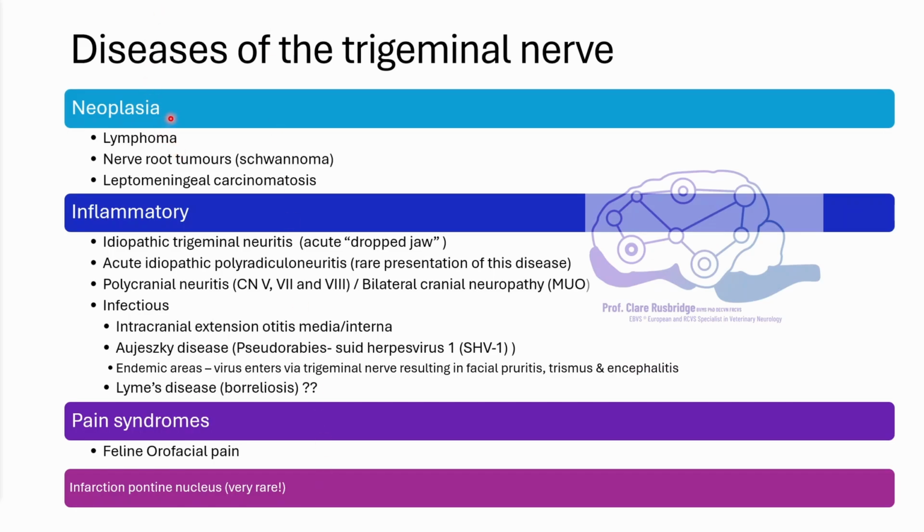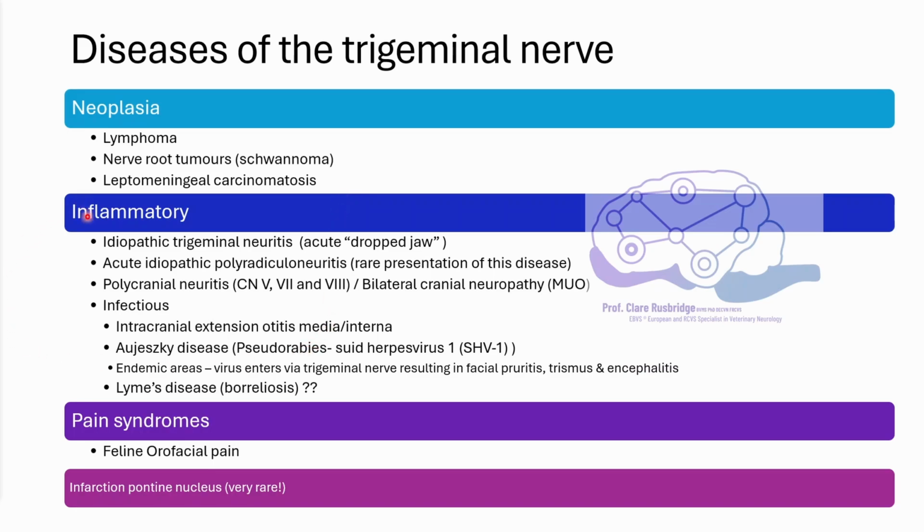So neoplasia: lymphoma, often bilateral disease seen with lymphoma or with multiple cranial nerves involved. Nerve root tumours, or schwannomas, they're often called. Leptomeningeal carcinomatosis, that's when you have a carcinoma that's metastasized to the meningeal area and is sort of spreading along the nerve roots. Very rare, but I've seen a couple of cases in my career.